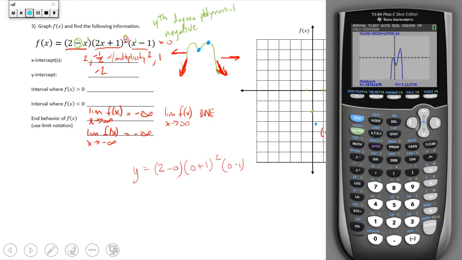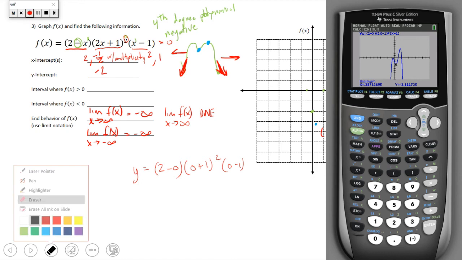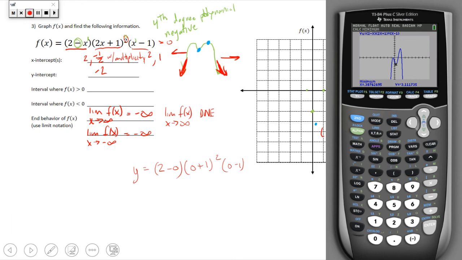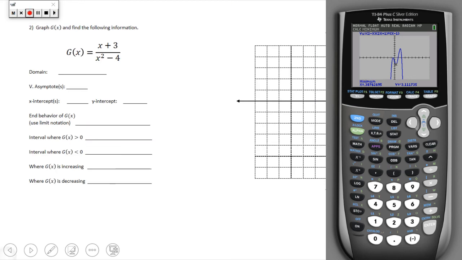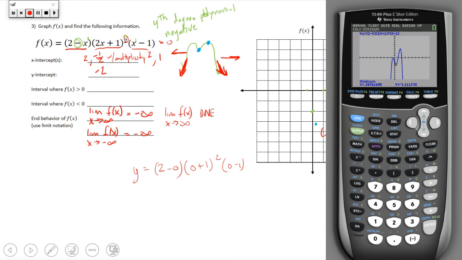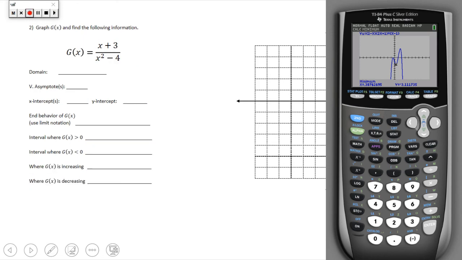Nope, that is not negative 3. It is 0.387, and negative 3.11.